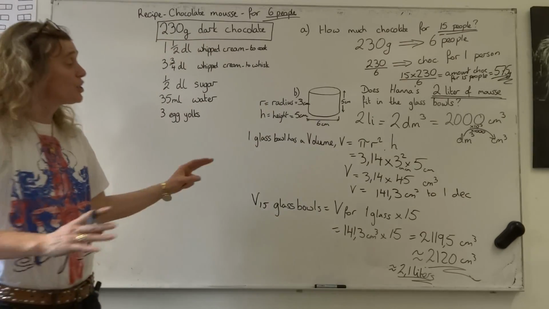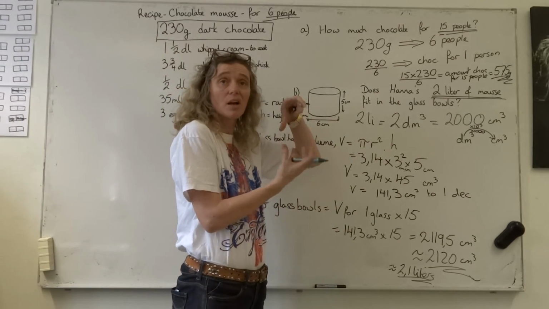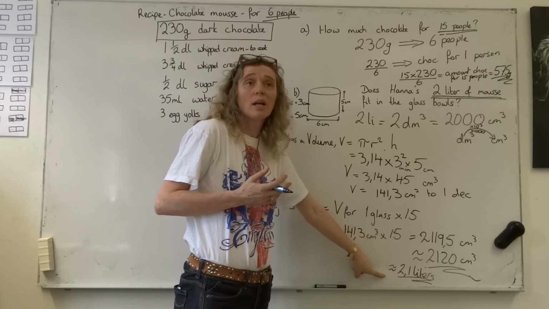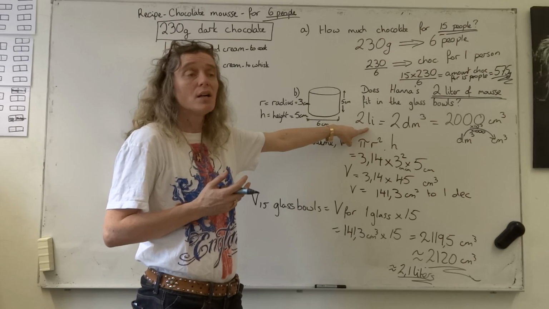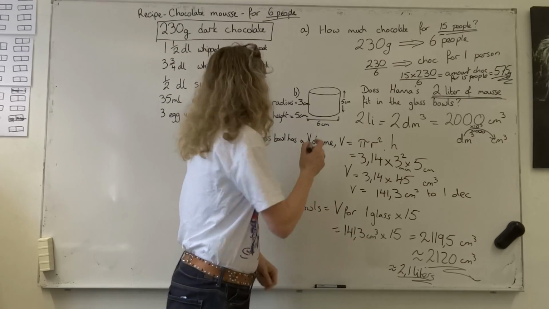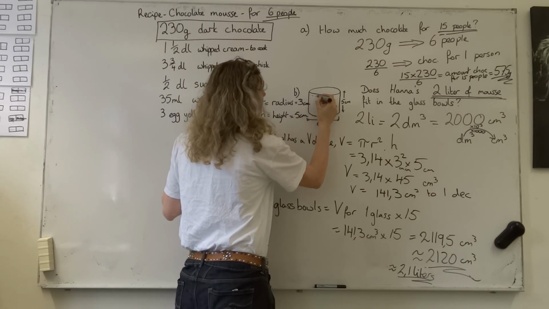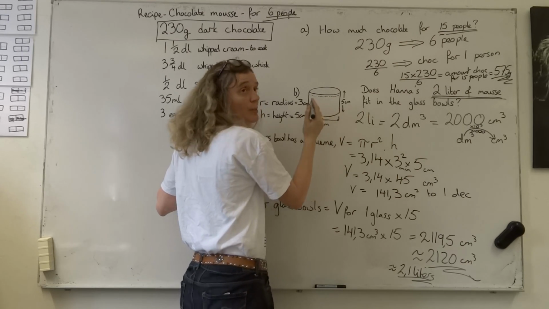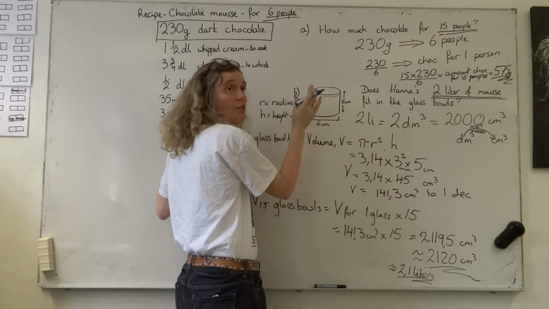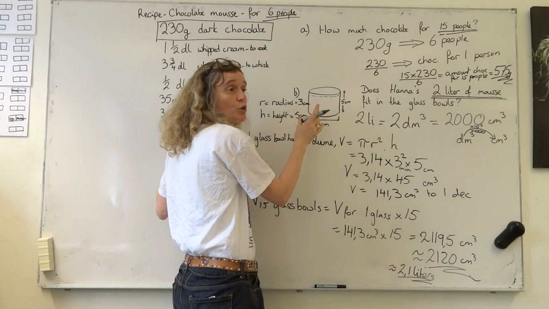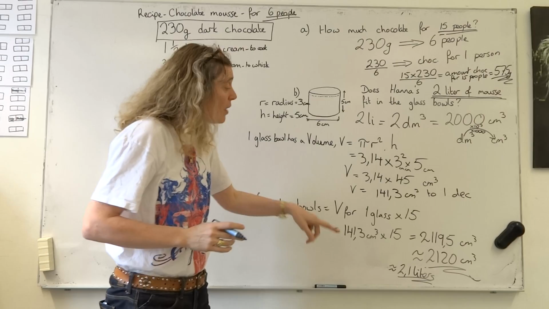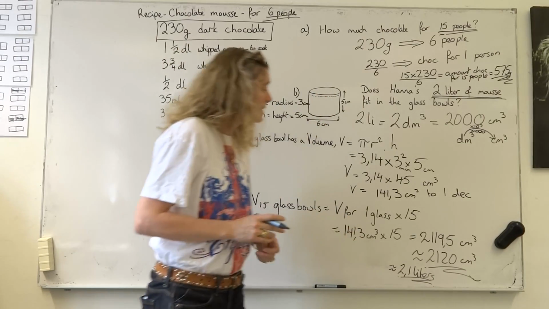So the volume that she has in the glass bowls is 2.1 litres, and she's going to be putting 2 litres of mousse in there. So she's going to have a little bit of air left over at the top. She's got more volume in the glasses than she needs. She's going to fill 2 litres of mousse in glasses that have a total volume of 2.1. But how much is that as a percentage?